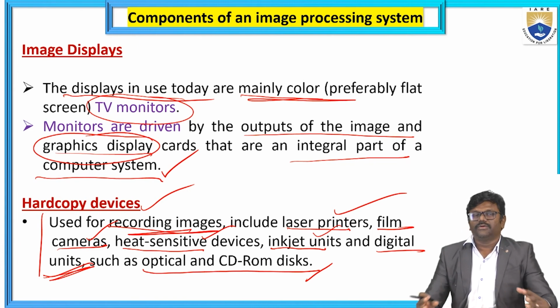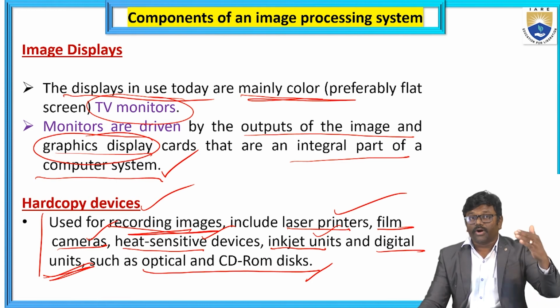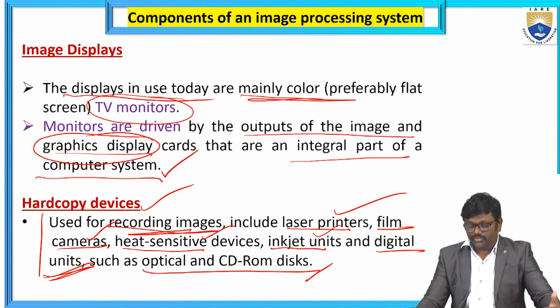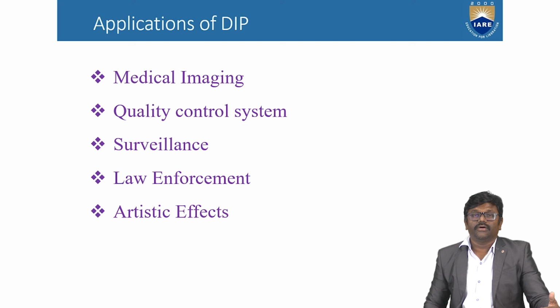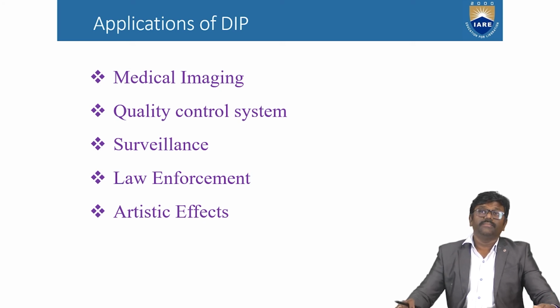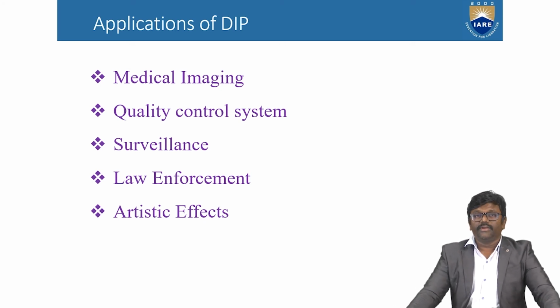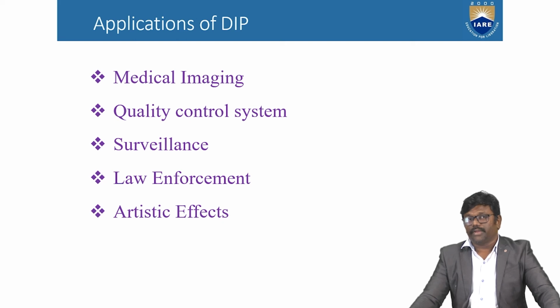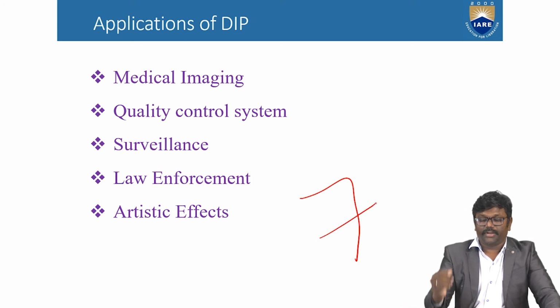So once we understood this, all the list of components which we use to define your digital image processing, now let me conclude today's topic with certain applications. That means the application of digital image processing by using those different components. The components we mainly discussed are 7 components.